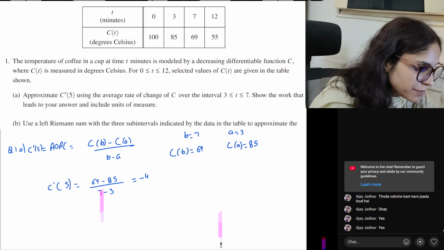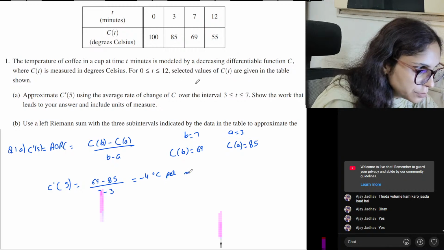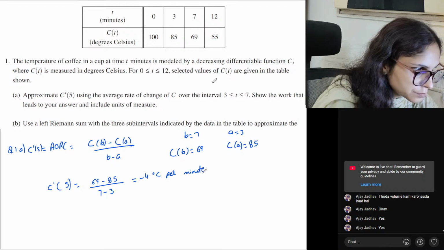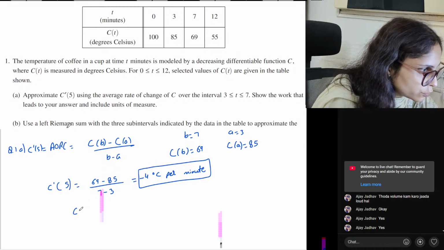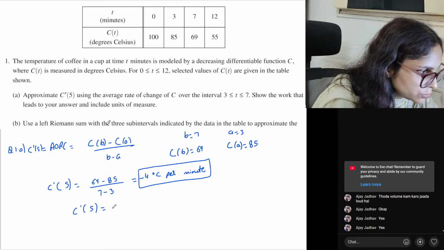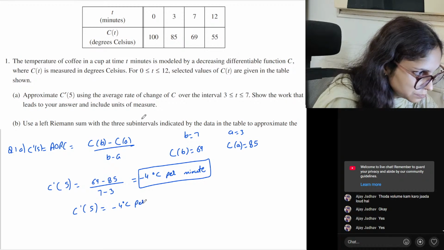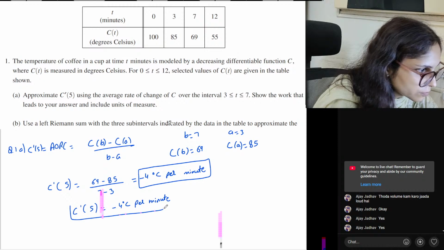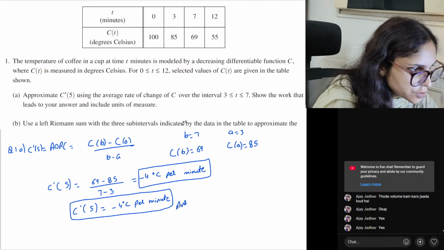So the full answer is C derivative of 5 is equal to negative 4 degrees Celsius per minute. This is our answer for the first part.